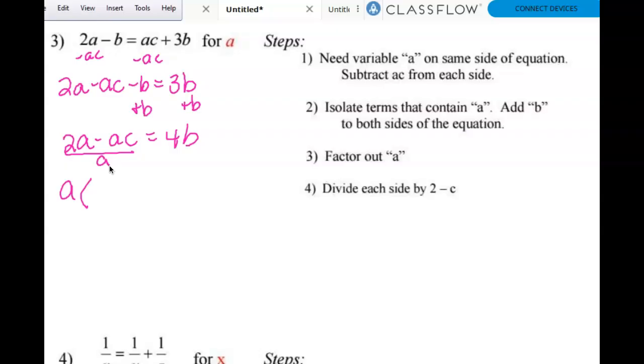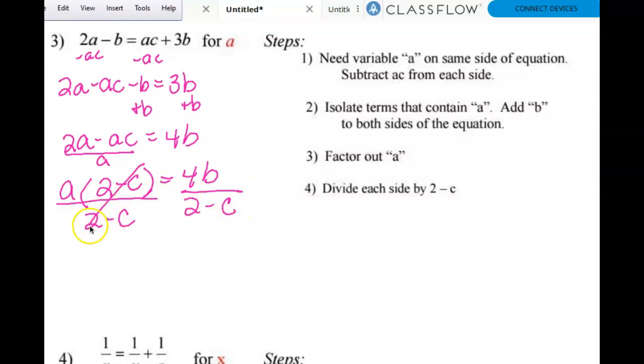And what does it leave you with? 2 minus, what cancels here? C. Now I have A times the parentheses, right? How do I undo times? Divide. So you end up with A equals 4B over 2 minus C.